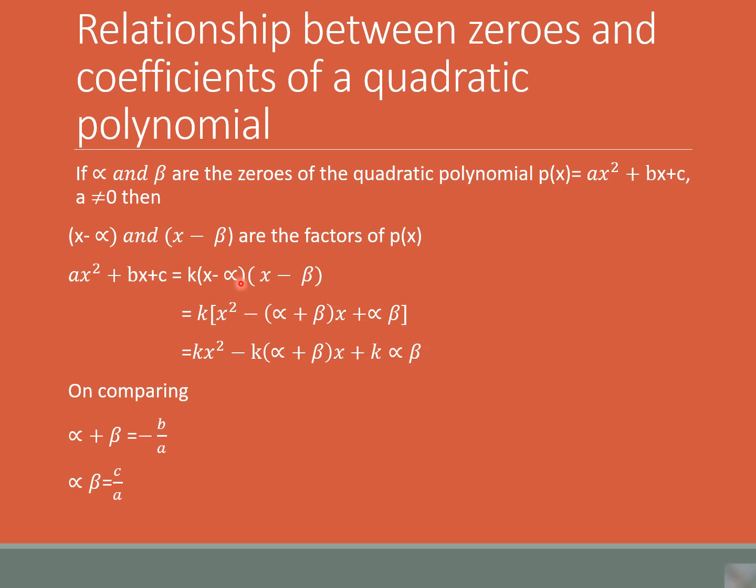If we solve it, we get kx square minus k(alpha plus beta)x plus k alpha beta. On comparing this with the standard polynomial, we understand that alpha plus beta, the sum of the roots, is equal to minus b by a, and alpha beta, the product of the roots, is c by a. This is a very important formula which you are going to use in solving the equations.